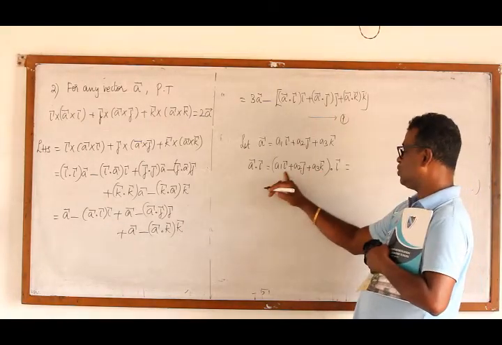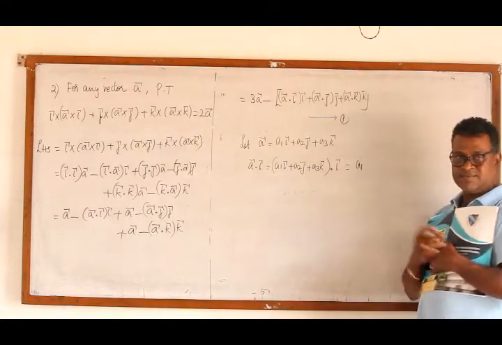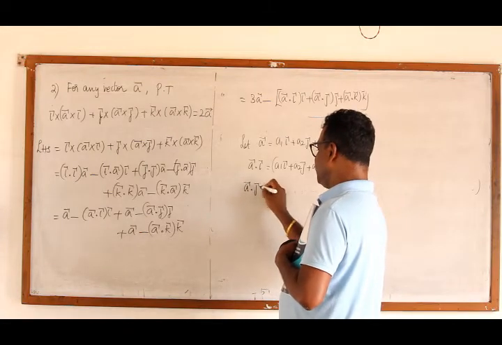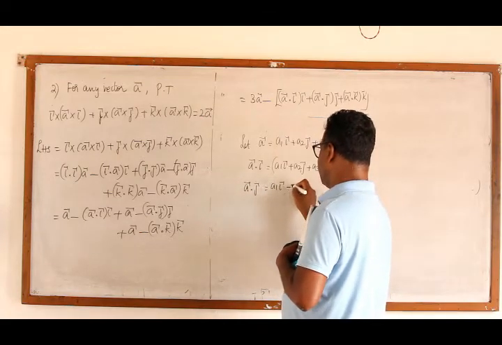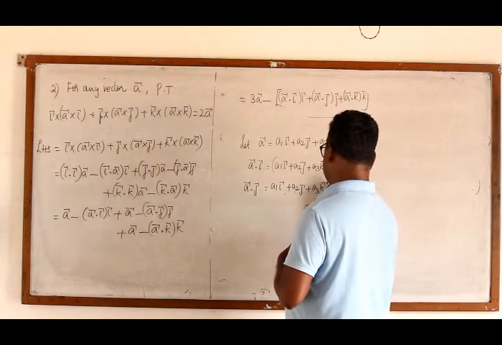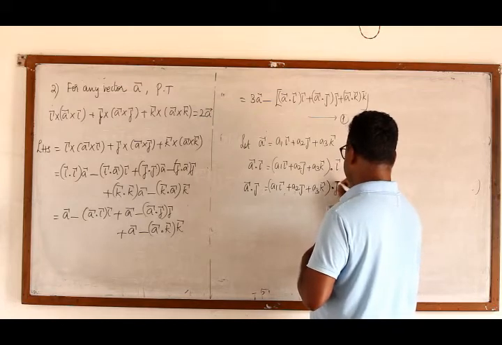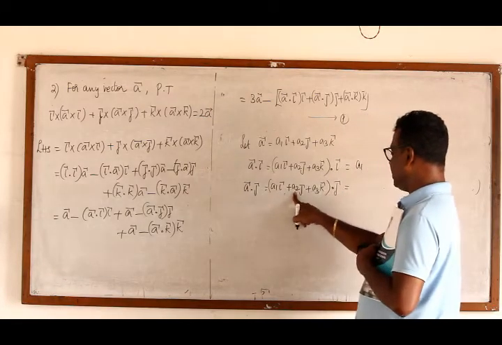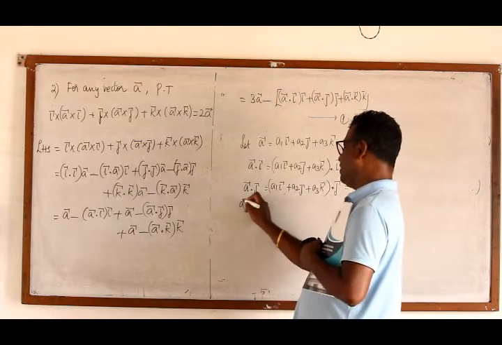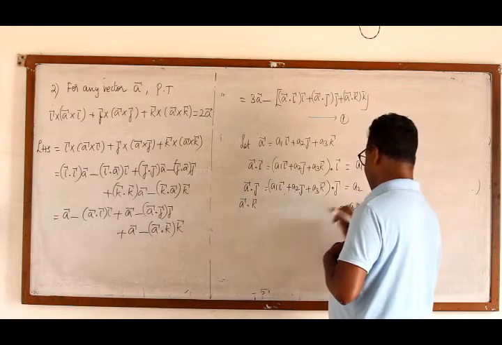So i into i is 1, 1 into A1 is A1. All the remaining become 0. Similarly, A dot j is (A1 i plus A2 j plus A3 k) dot j. Only A2 j and j can multiply, that is simply A2. Similarly, A dot k will be straightaway A3.